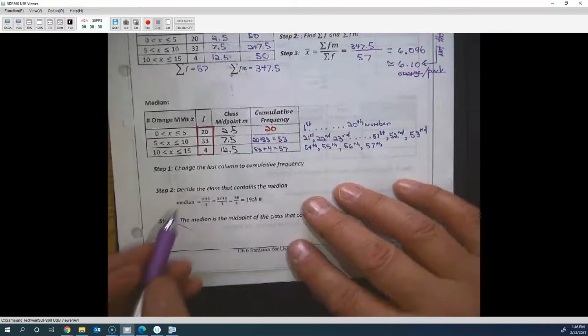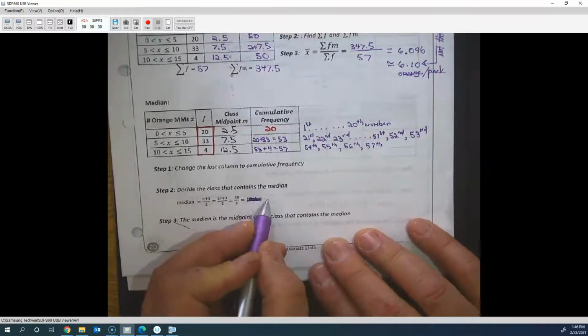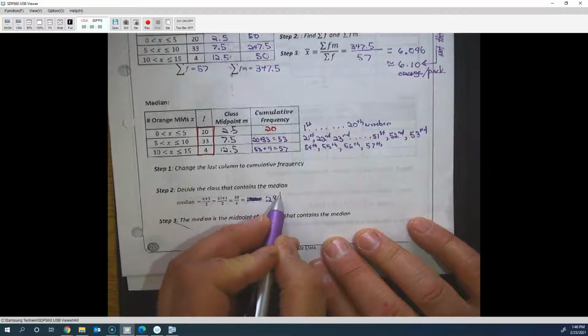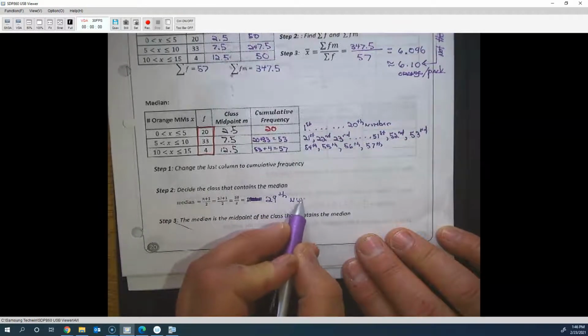Now we know that there's 57 numbers, so the median is the 29th number, or the 29th value.